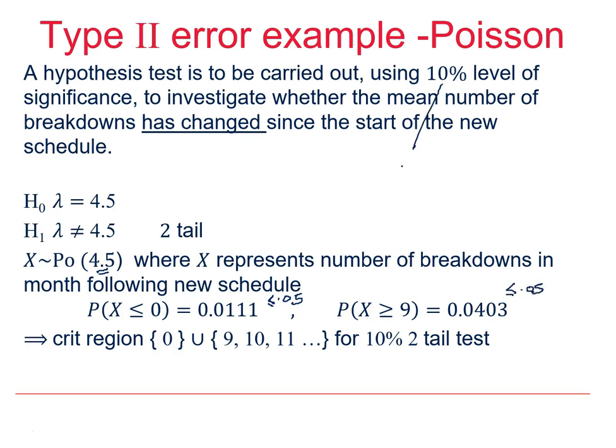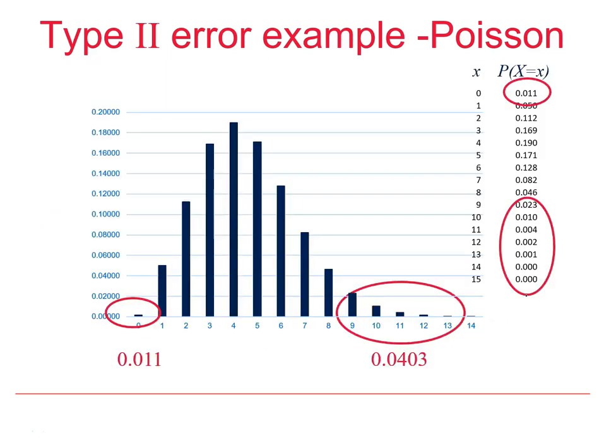It's two-tailed, so we always split our significance: 5% or less at the low end and 5% or less at the high end. And this actually gives us, again, you can check on your calculator, only 0 in fact at the low end, otherwise the probability is too large, and 9 or more at the top end for this two-tailed 10% test. And this is illustrated here for you.